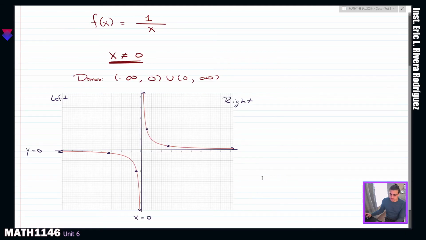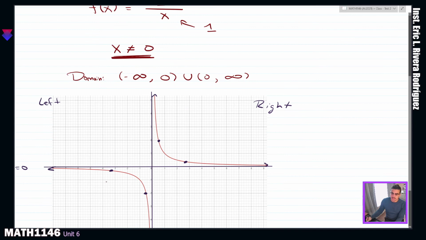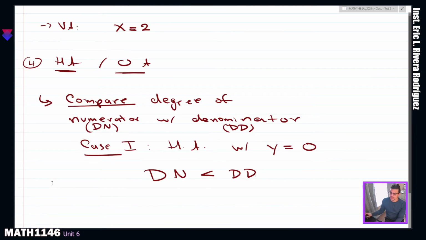Going back to the parent function, the degree of the numerator here is 0. The degree of the denominator is 1. 0 is less than 1. Hence, the horizontal asymptote is y equals 0.